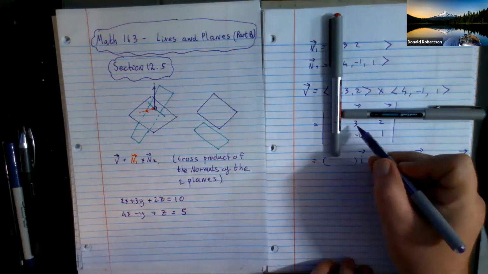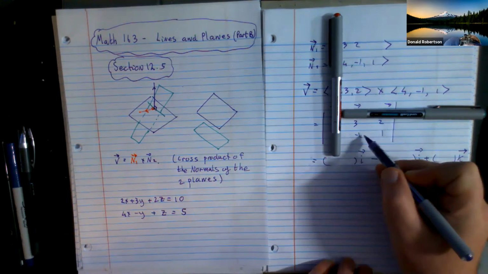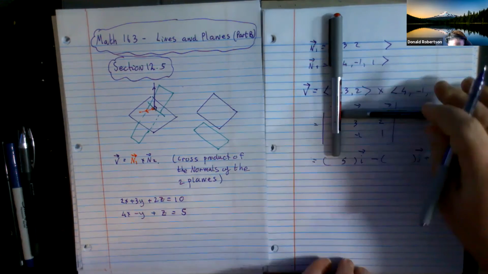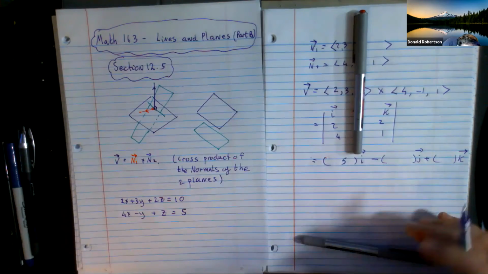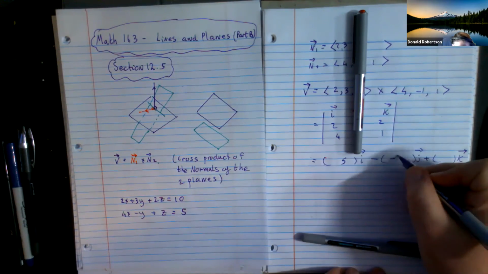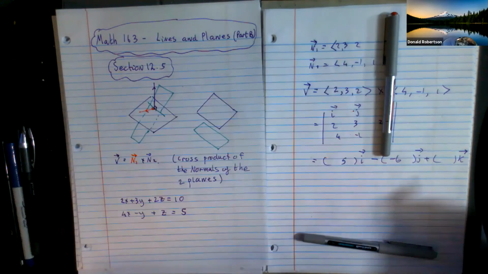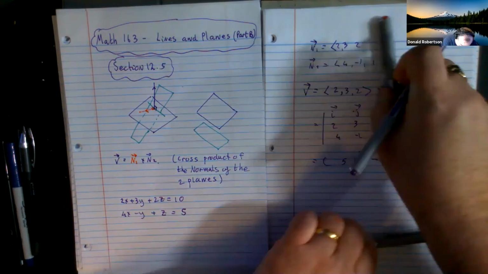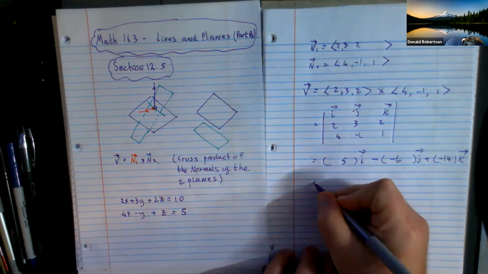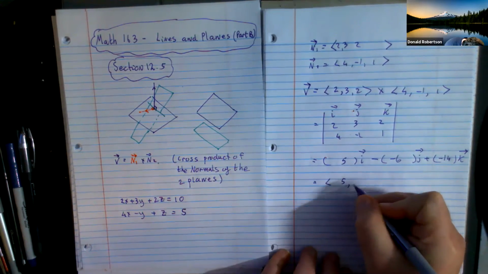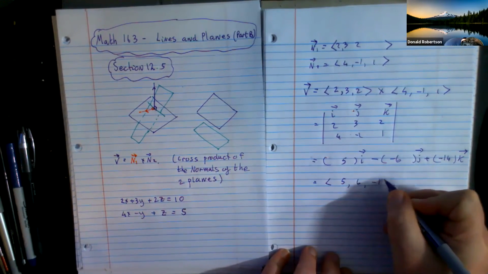Okay, if you go major 3, take away -2, that gets you 5. If you do the middle one, it's 2, take away 8, so it's -6. And -2, take away 12, which is what, -14. So I have 5, plus 6, -14.